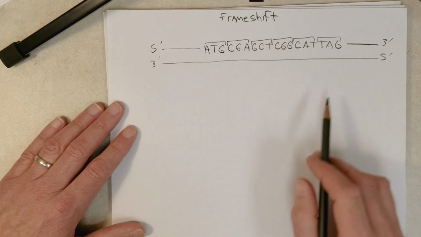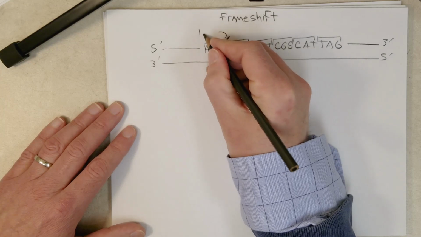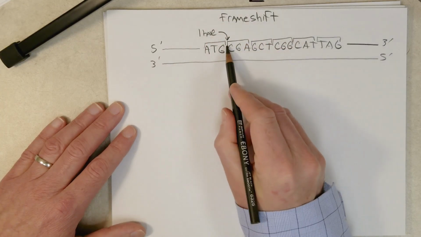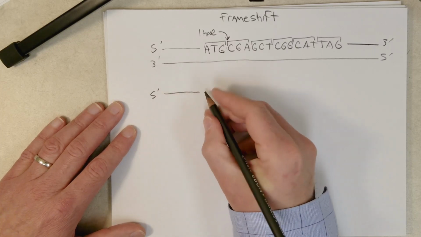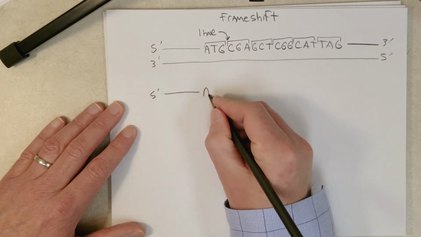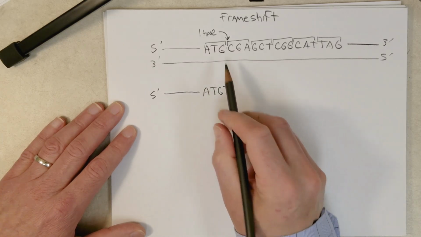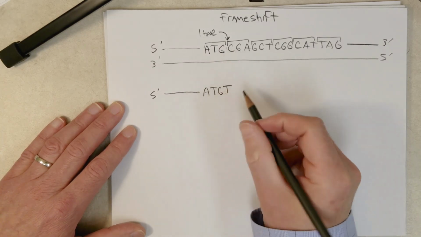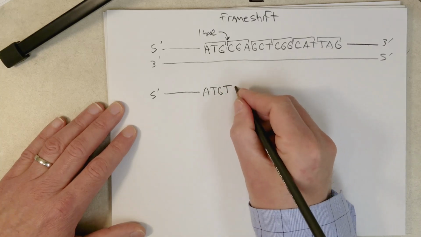Now let's assume this is the wild type sequence. And if we insert one base, just one base, at this position right here, let's say we insert a T there. I'm going to put the T in right here between this ATG and this CGA, and then copy these bases down.